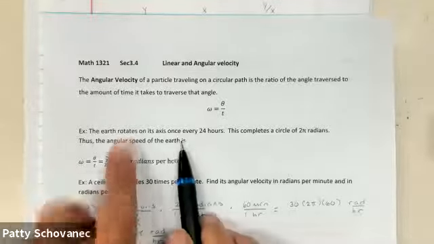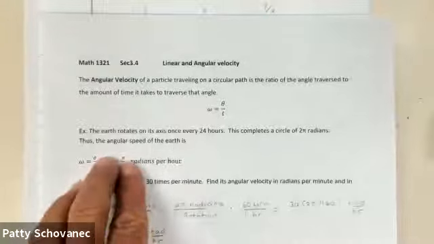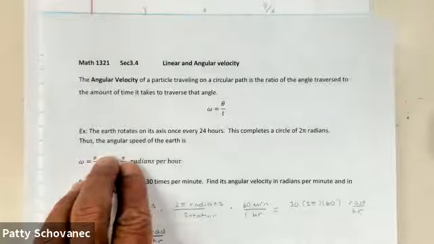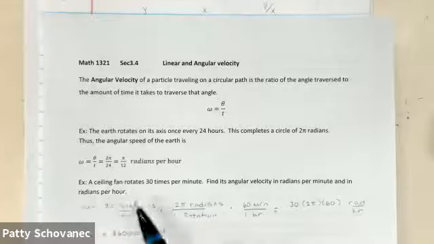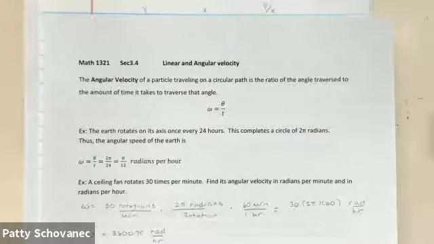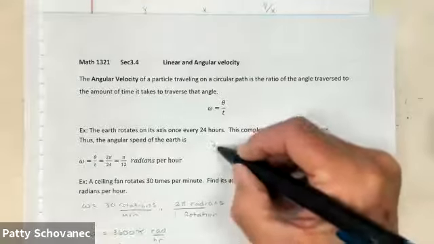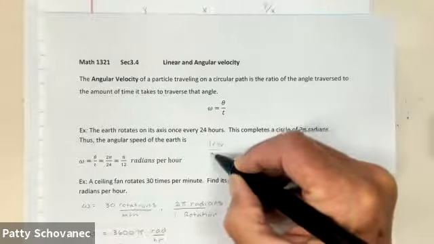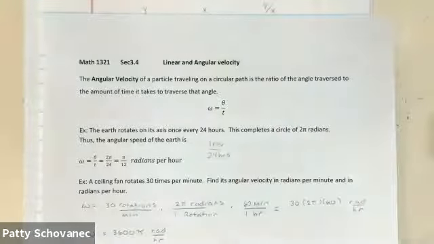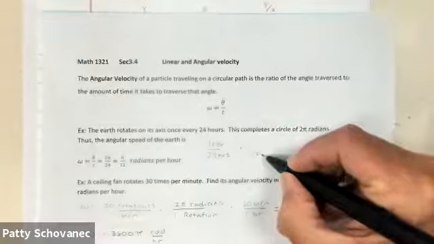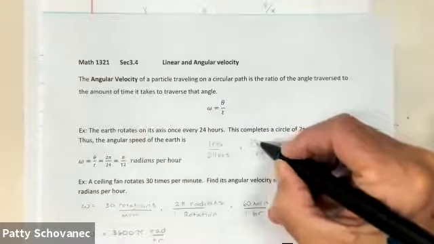So the easy example was that it takes the Earth 24 hours to rotate on its axis. So 24 hours is the time period to make one revolution. I want to find the angular speed. So one revolution is done in 24 hours, but one revolution is equivalent to 2 pi radians.